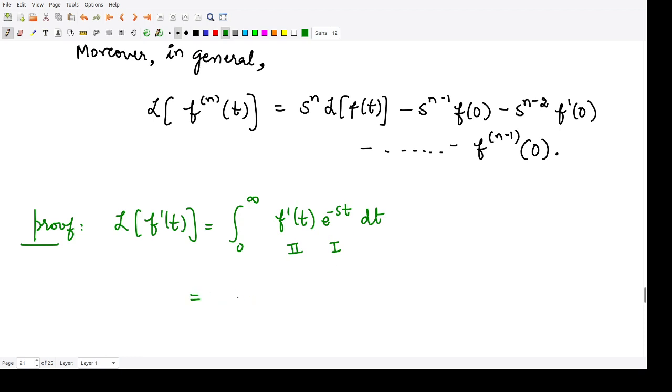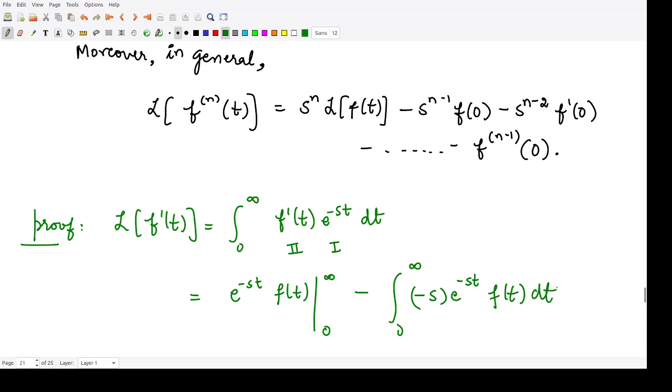So it would be the first function as such, times the integration of f dash t, which is f of t, with limits from 0 to infinity, and then minus the integration from 0 to infinity of the derivative of the first quantity with respect to t, so it would be minus s e to the power minus st, times the integration of the second term, f of t, dt.